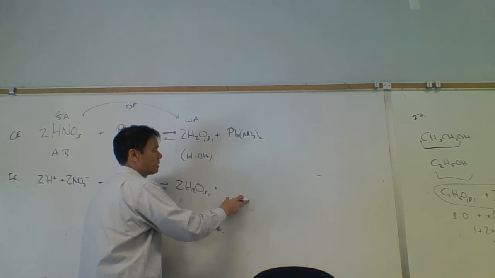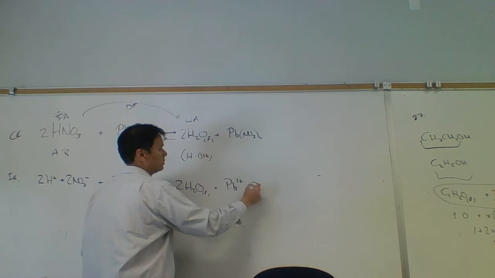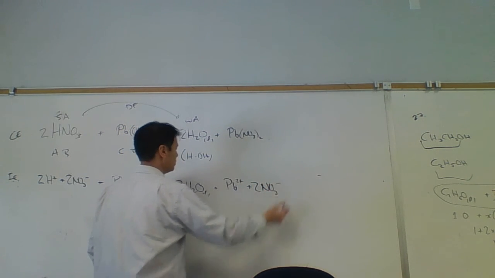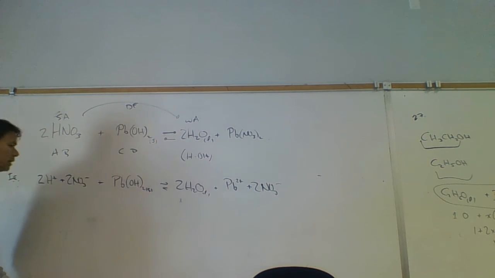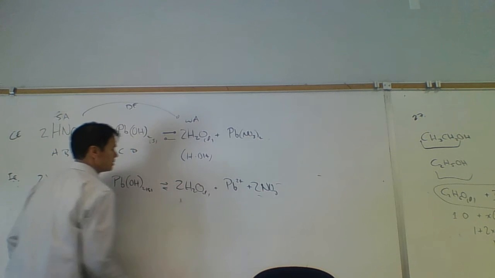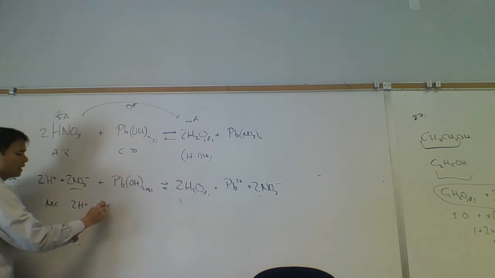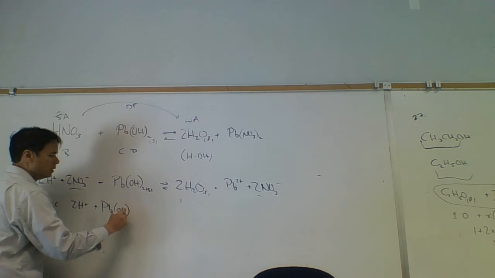Lead 2 nitrate, does that break apart? Yeah. Into lead and 2 nitrates. Look, any spectators here? Yeah, nitrates. Nothing happens to those. Eliminate it. So the NIE is just going to be the 2 H pluses are going to attack our lead 2 hydroxide solid.